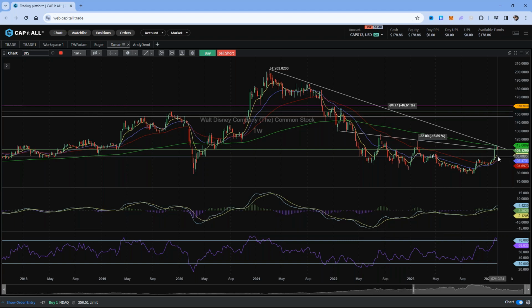overbought. Based on history, going back to at least the yellow moving average makes sense, which is 102. So the 100 that we mentioned also really does make sense, the gap fill. I would probably look for a short-term move, maybe from 100 up to here, 107.